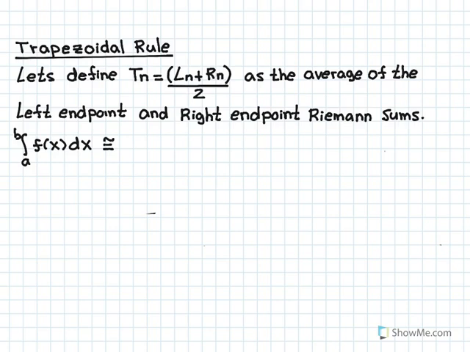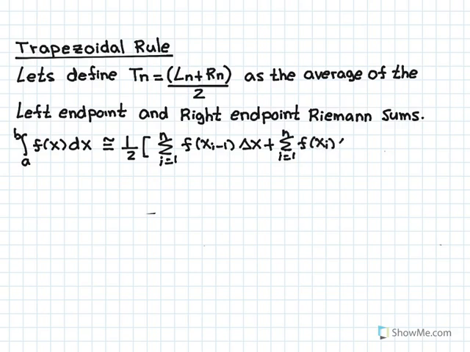And we're defining it as the average of the left-hand and right-hand rules. So here we have the sum, i goes from 1 to n, of f of x i minus 1 delta x, plus the sum, i goes from 1 to n, of f of x i delta x.